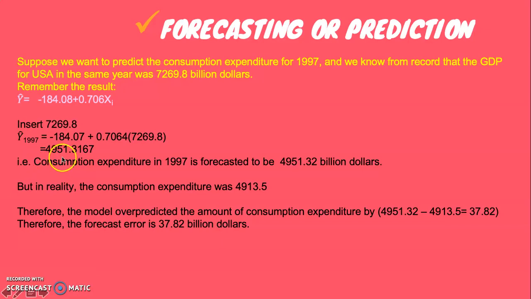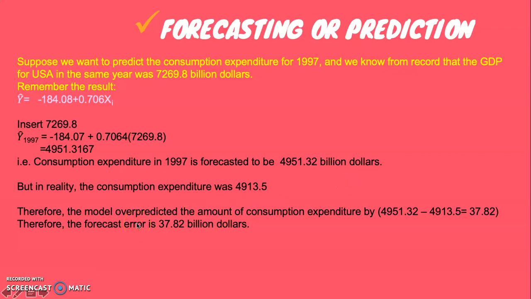Now, when you do this calculation, you will see that consumption expenditure in 1997 by using our model is $4,951.3167, which is approximately $4,951.32 billion. But in reality, the consumption expenditure of USA in 1997 was $4,913.5 billion and not $4,951.32 billion.